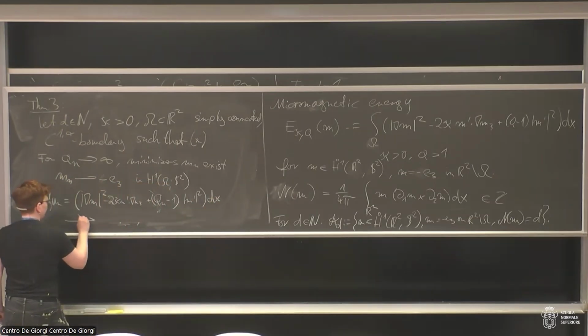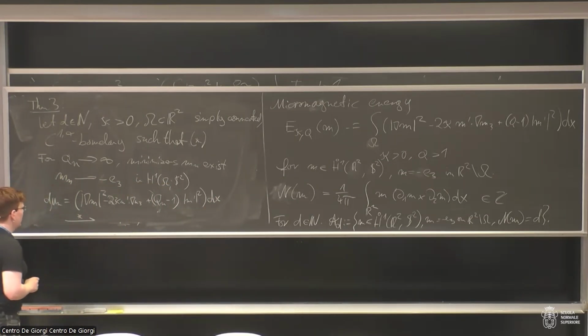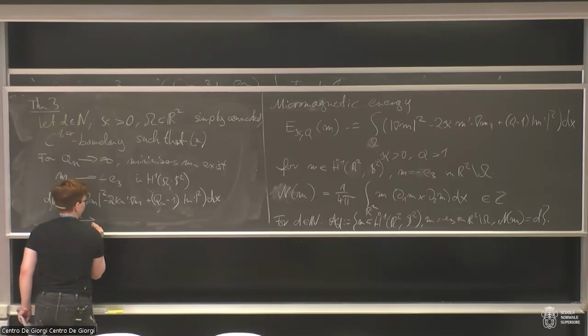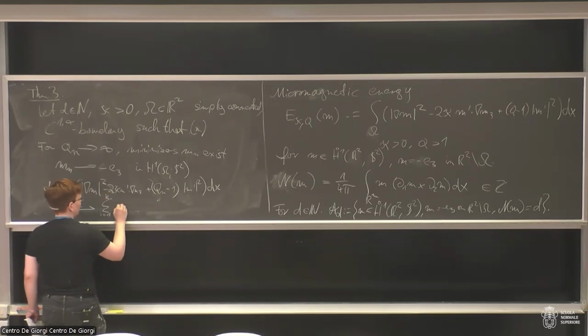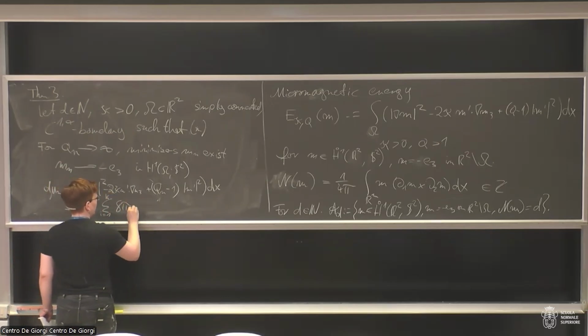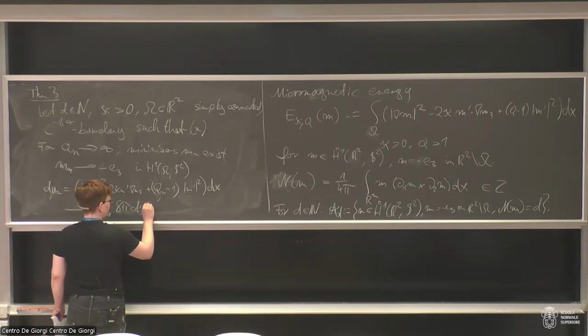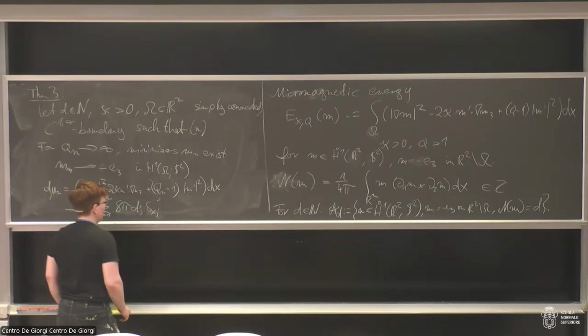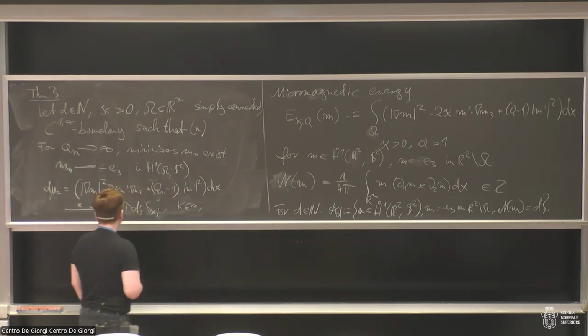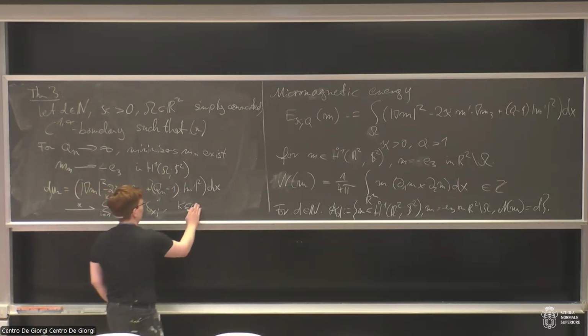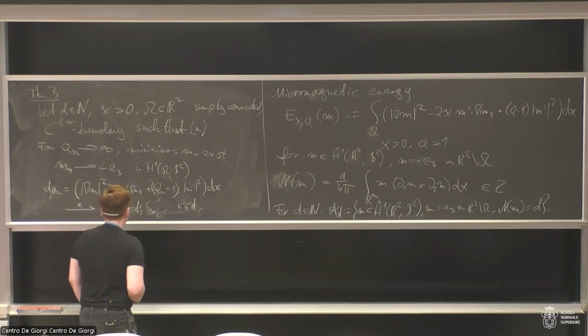These converge as measures weakly star to a bunch of Diracs, the sum from 1 to k of 8 pi dj delta xj, where k is less or equal than d.